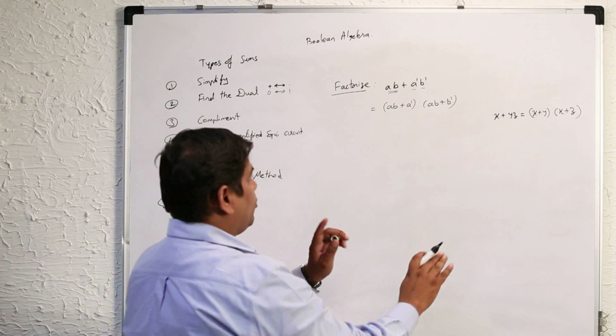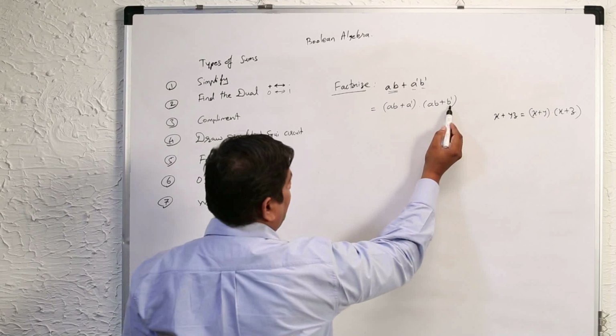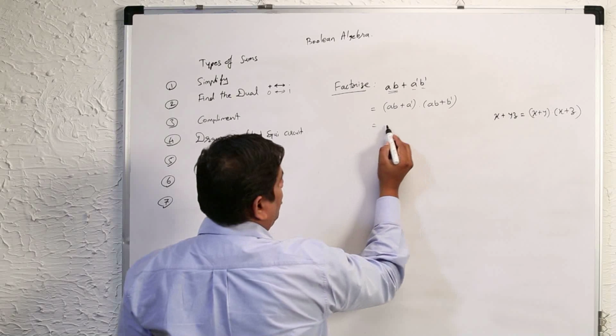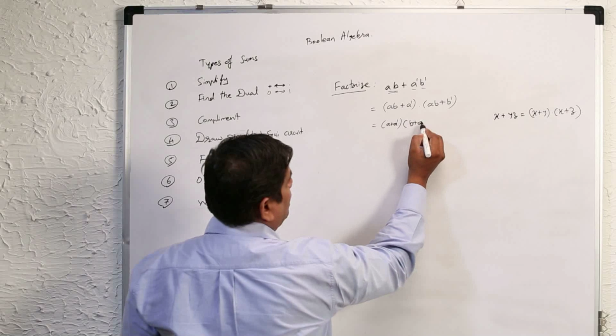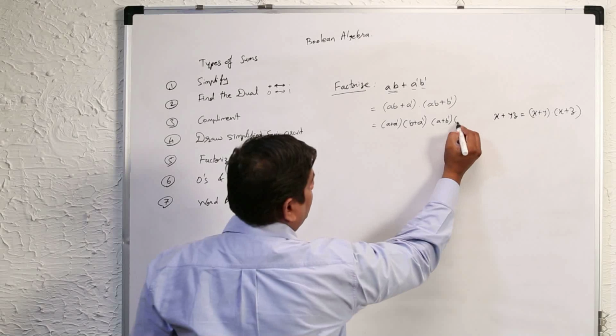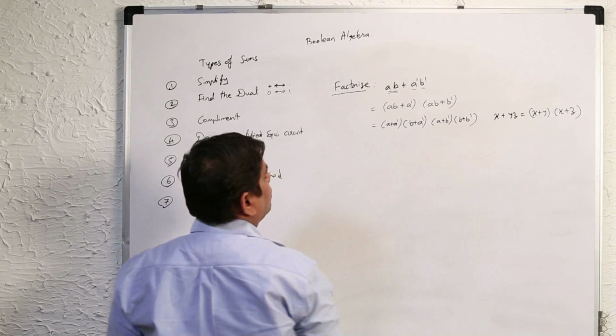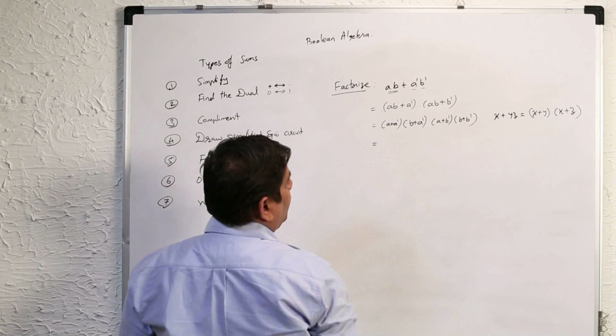Then one can use distributive again by considering this as x plus yz, and you can write this as a plus a dash, b plus a dash, a plus b dash, b plus b dash. And this is going to give you 1.